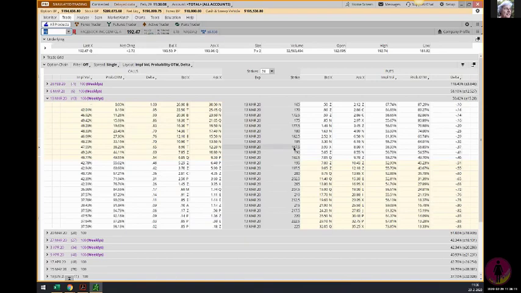Find me 2 or 3 tickers which have got less than $5, preferably $1 difference. Okay?